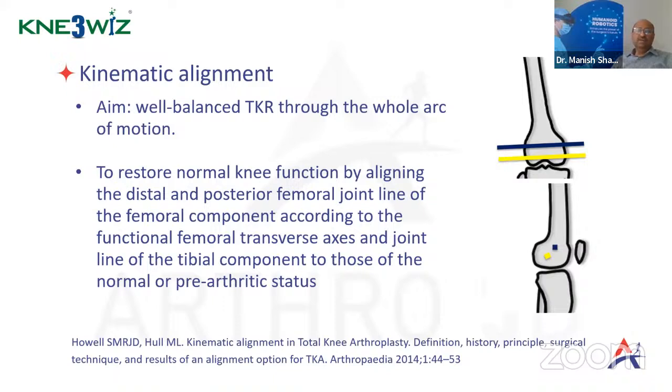The aim is to have a well-balanced knee throughout the arc of motion, to restore the normal knee function by aligning the distal and posterior femoral joint lines of the femoral component according to the functional axis of femur and tibia, effectively restoring the person to his normal or pre-arthritic status.